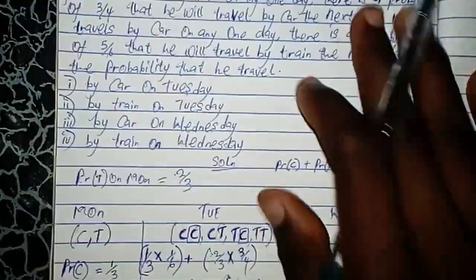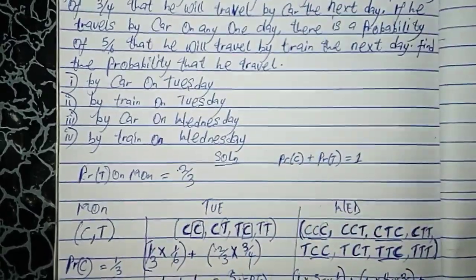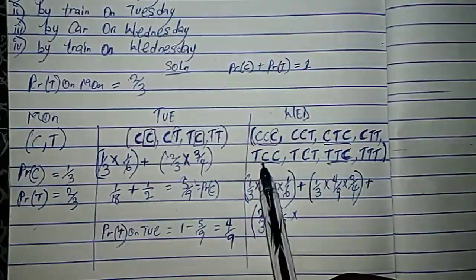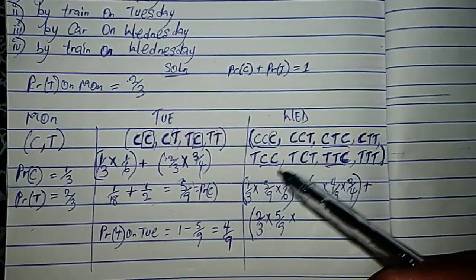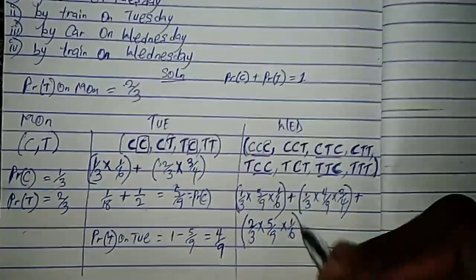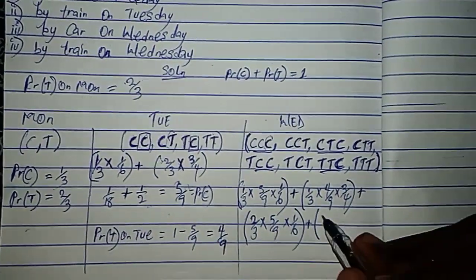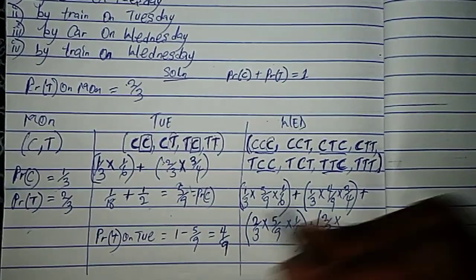From what I explained, if he travels by car on any one day, there is a probability of 5/6 that he travels by train. So for car, after traveling by car on Tuesday, probability of car on Wednesday would be 1 minus 5/6, and that is 1/6. Now, plus for the next one, train on Monday would be 2/3 times train on Tuesday.